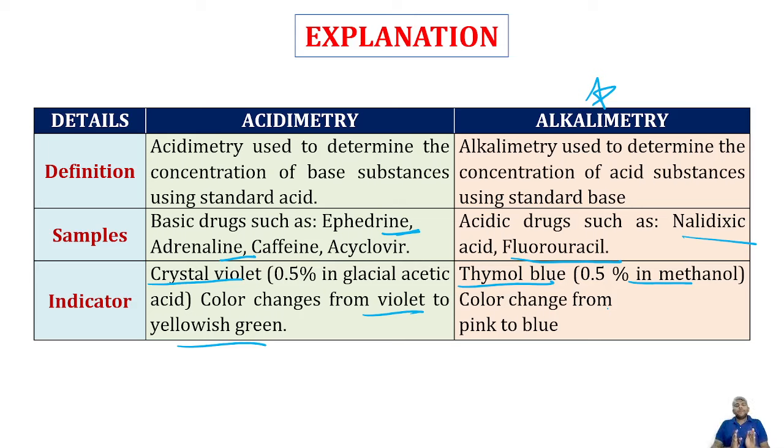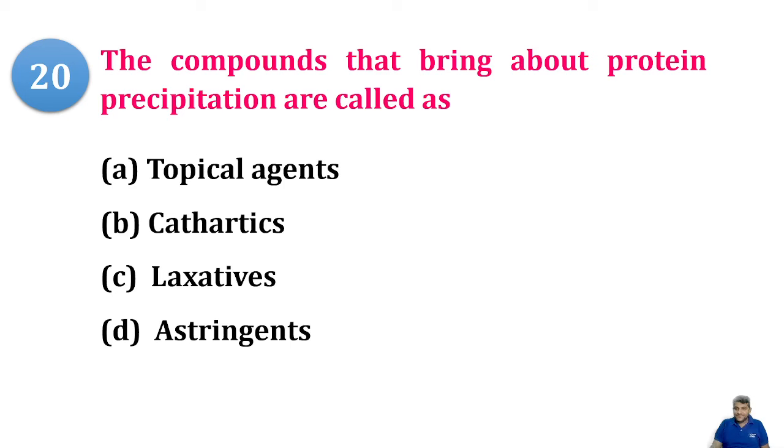So you have to remember that the indicator crystal violet goes from violet to green, and in alkalimetry the indicator is thymol blue, pink to blue. In alkalimetry we are choosing an acidic drug. In acidimetry we are choosing crystal violet with the basic drug, and the color changes from violet to yellow green.